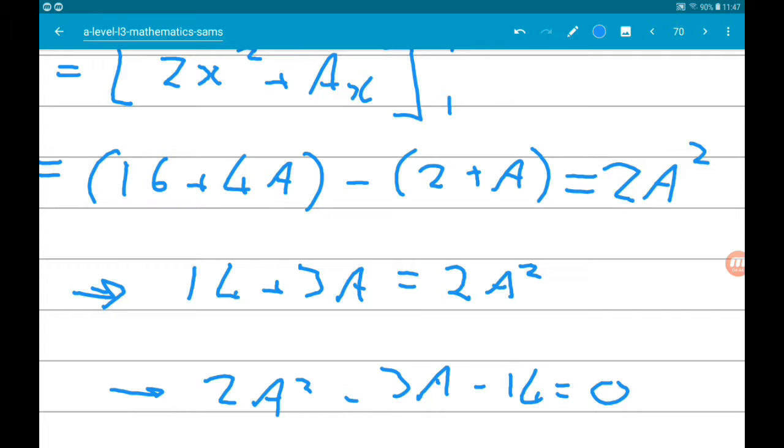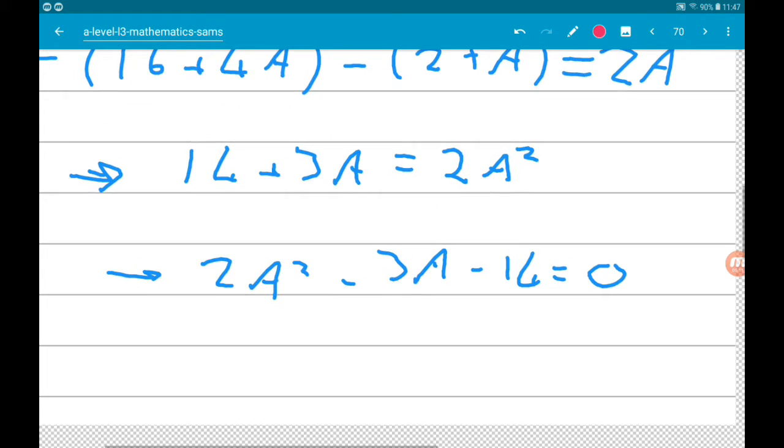Now, they never said that they wanted us to find these two values of a, just to show that there are exactly two. So now that we have a quadratic, we can now just use the discriminant to show, hopefully, that this has two real roots.